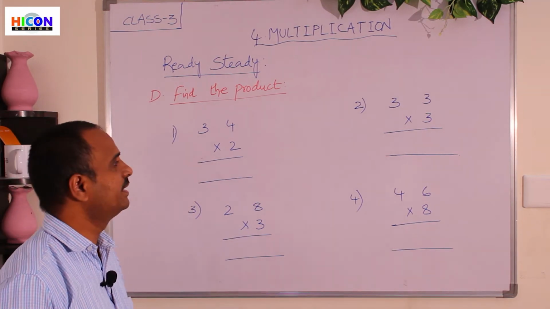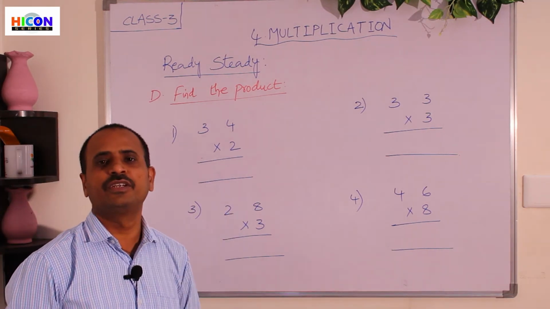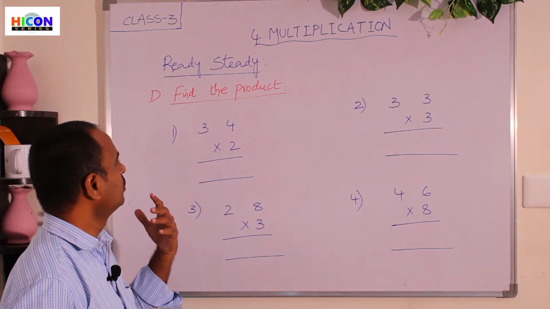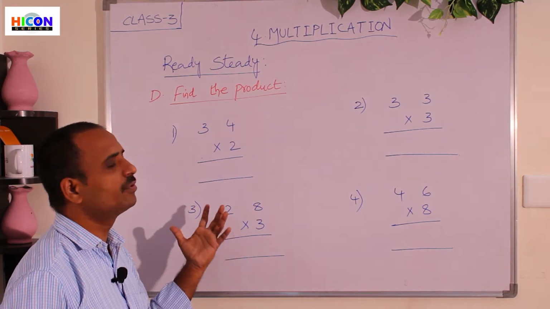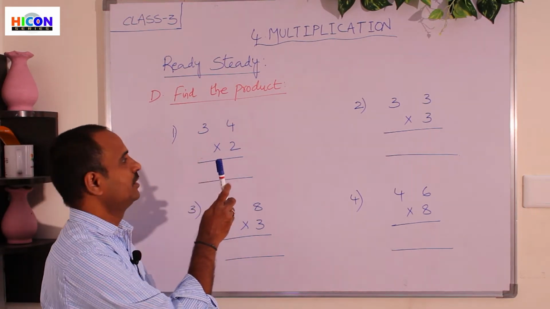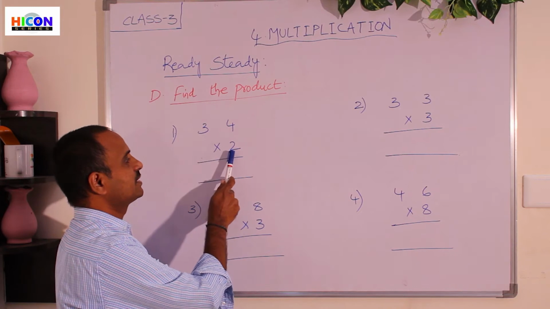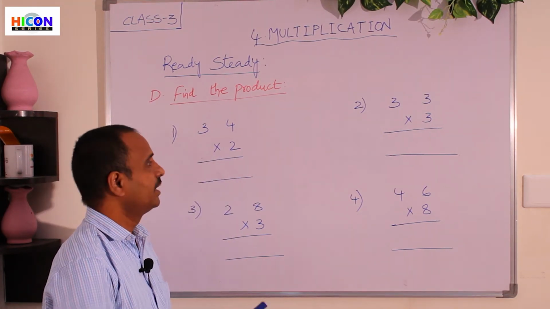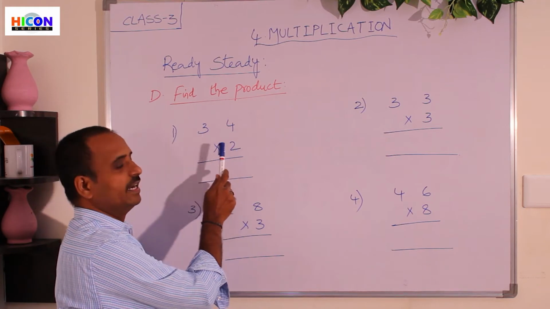Already you have practiced this type of multiplication in your second class. So let us recall once how to do the multiplication of two numbers. Here 2 is a single digit number, so this is multiplication with a single digit number. How do we multiply a number with a single digit number?